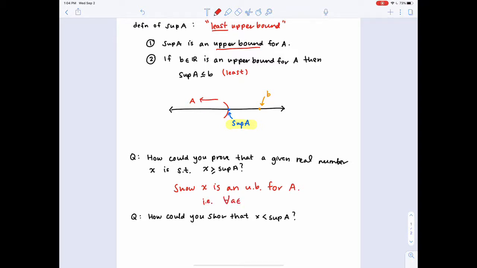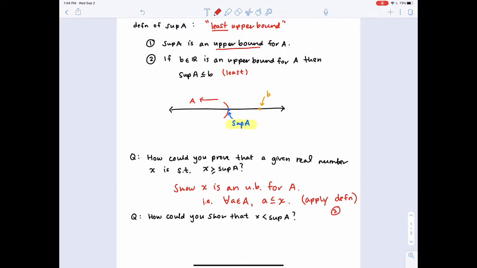If I pick any element in my set, that element is going to have to be less than or equal to x. The moment x is an upper bound, you can apply the definition part 2 to infer that it has to be greater than or equal to sup.